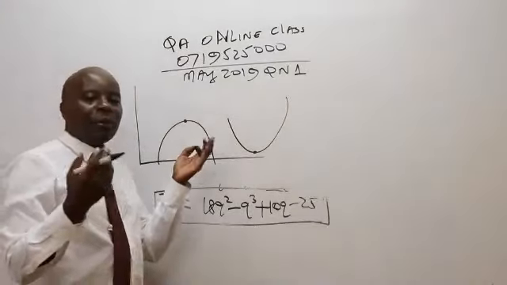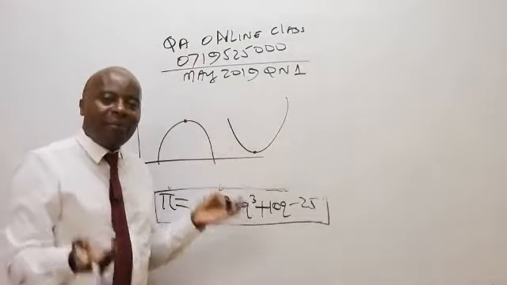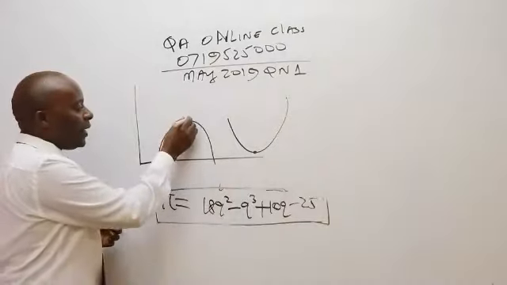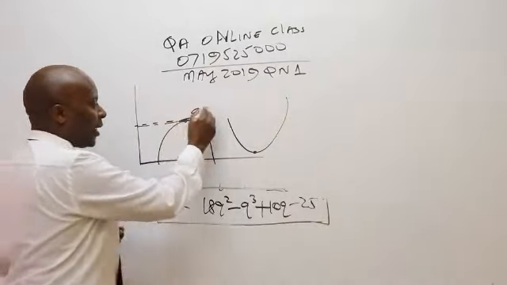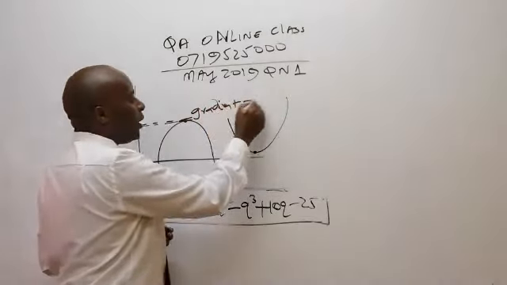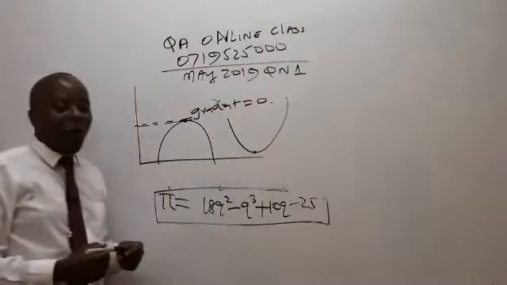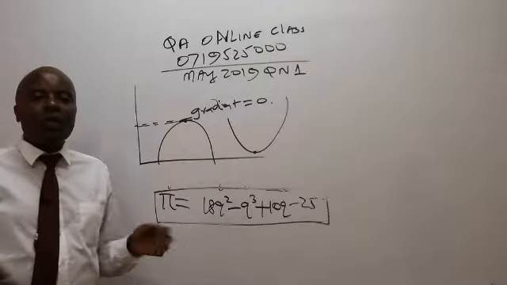And the most important thing you're supposed to know about turning points is that their gradient, if you put a tangent here, always equals 0.